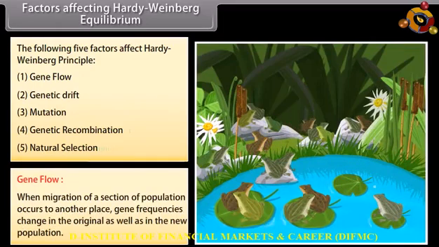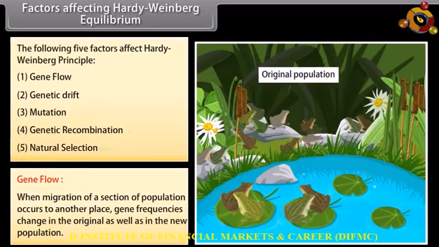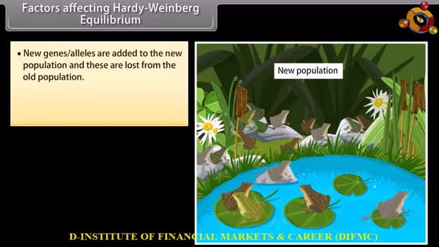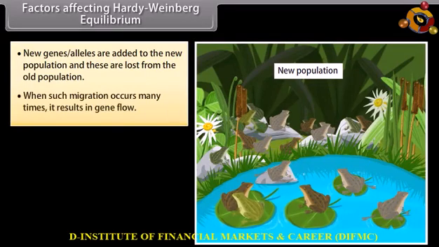When migration of a section of population occurs to another place, gene frequencies change in the original as well as in the new population. New genes, alleles, are added to the new population and these are lost from the old population. When such migration occurs many times, it results in gene flow.